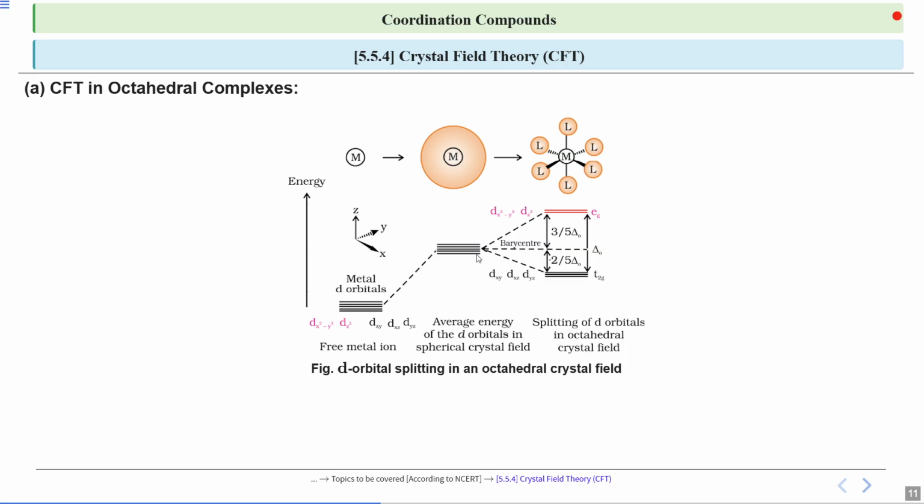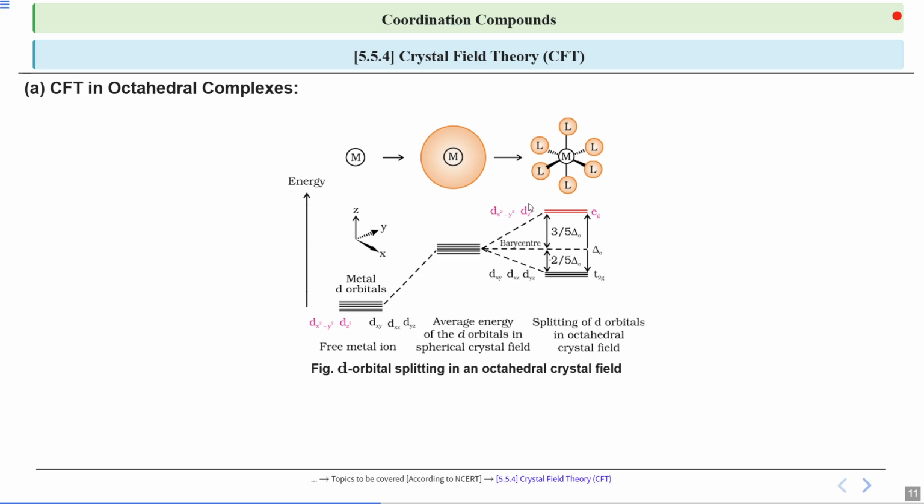So the splitting happens, and the orbitals separate between the EG and the T2G set. Why? Because the two orbitals, dx square minus y square and dz square, get higher energy because of the lobes' placement and the ligand position along the same axis, due to which the repulsion increases and high energy is caused.